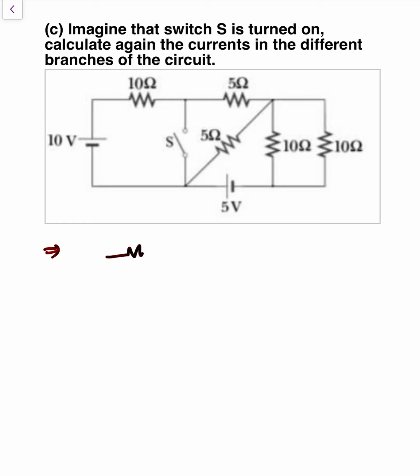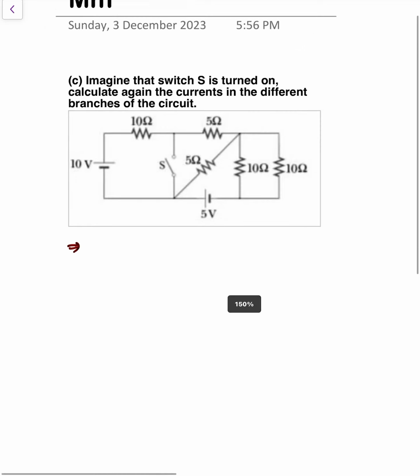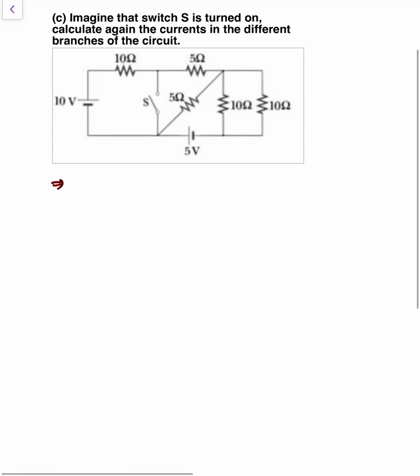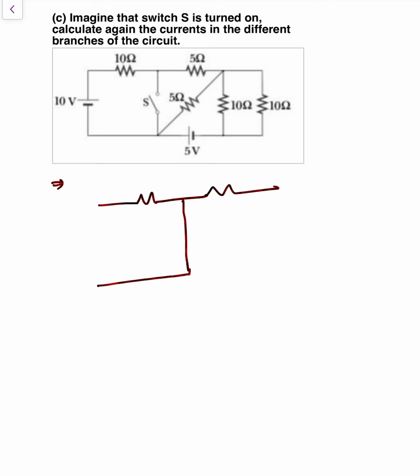This one is 10 ohm. This is 5 ohm. The circuit is closed, like that one, and that is plus minus 5 volt, and that is 10 ohm, and that is 10 ohm.